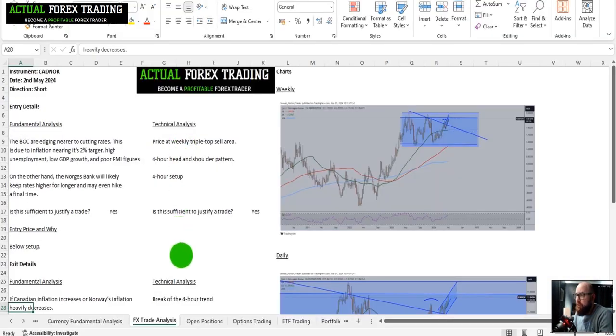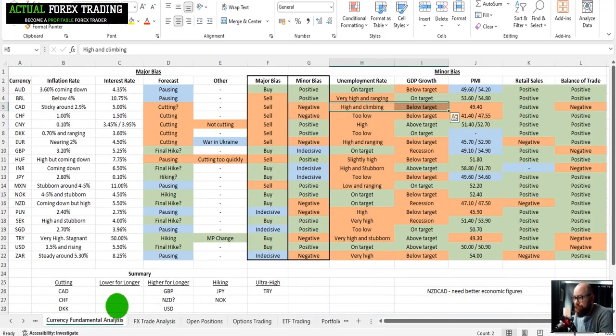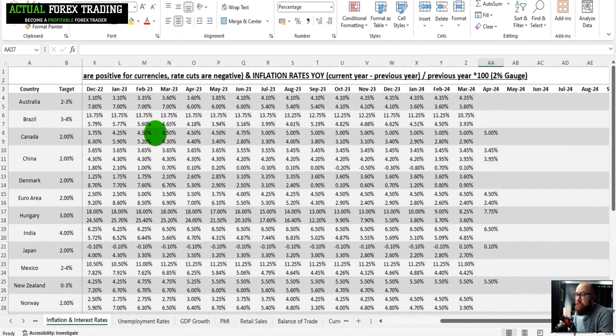If we bring up my spreadsheet here, let's have a look at inflation first of all. Inflation in Canada, it's a bit sticky, just under 3%, but it's nearing that 2% target. That by itself probably wouldn't be enough for me to look to sell the Canadian dollar.